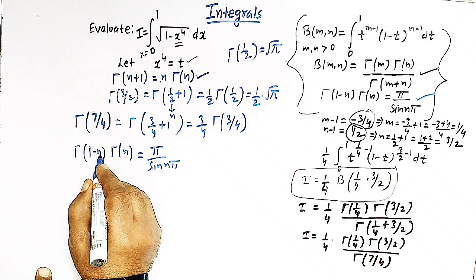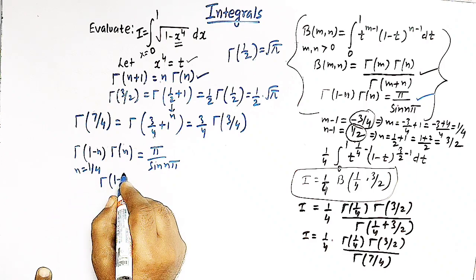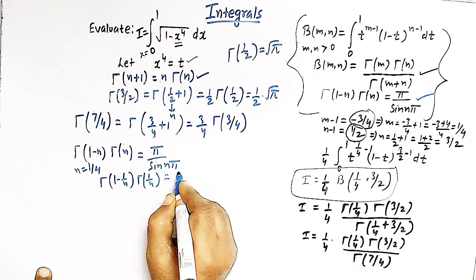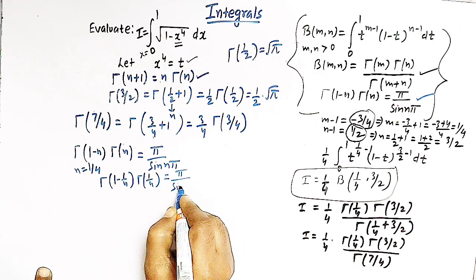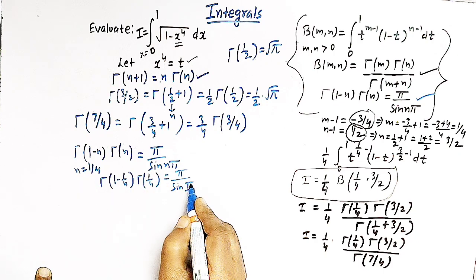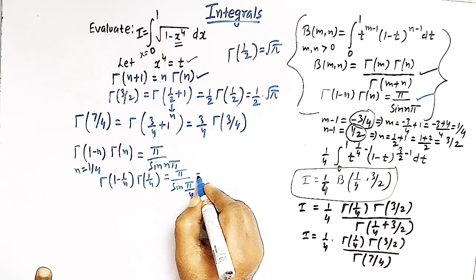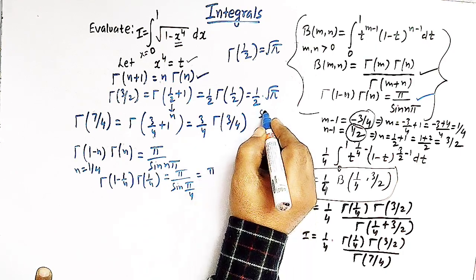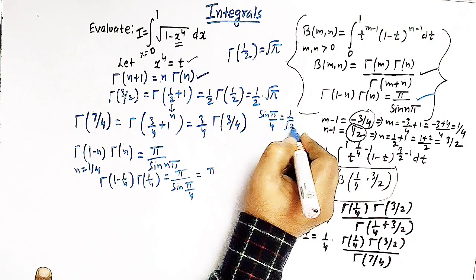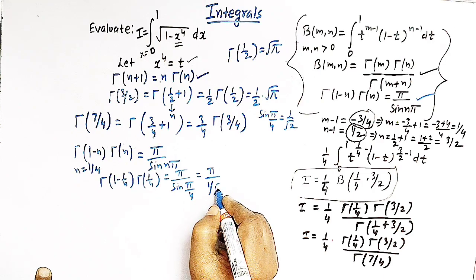So let us substitute here for n 1 over 4. So gamma 1 minus 1 over 4, then we have gamma 1 over 4, then we have pi divided by sine pi over 4, because n is 1 over 4. Now sine pi by 4 is sine 45 degrees, and sine 45 degrees is equal to 1 over square root of 2. So we can now write here 1 over root 2.